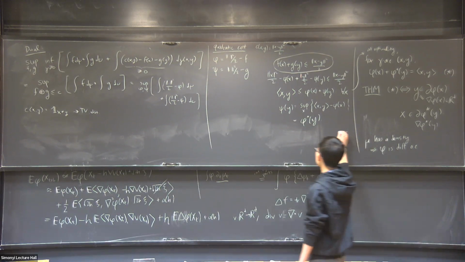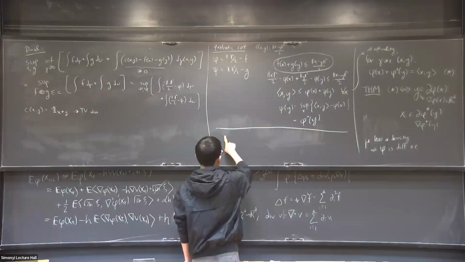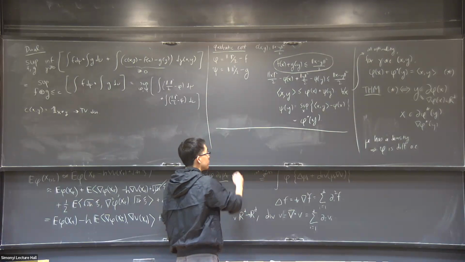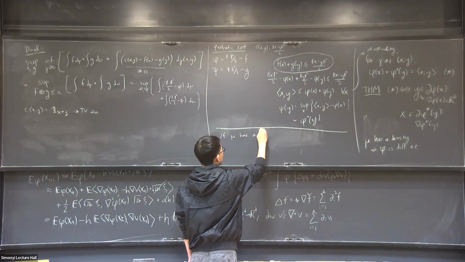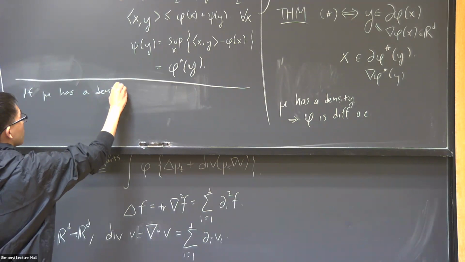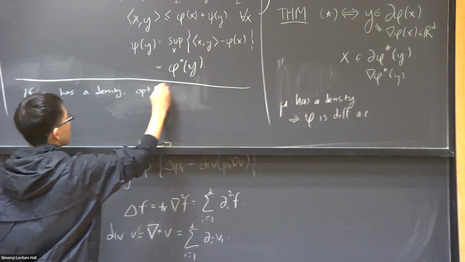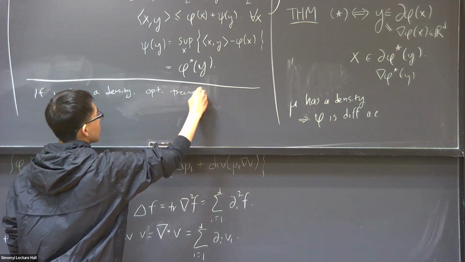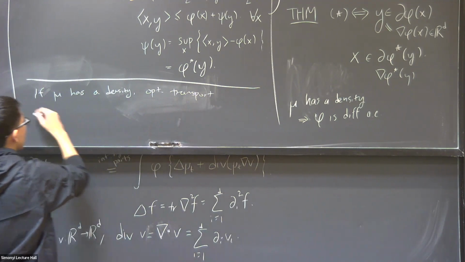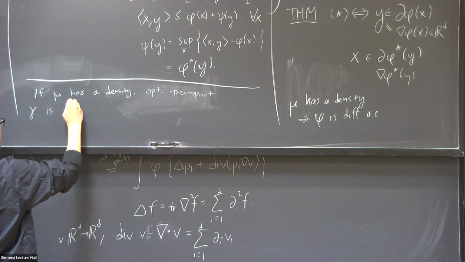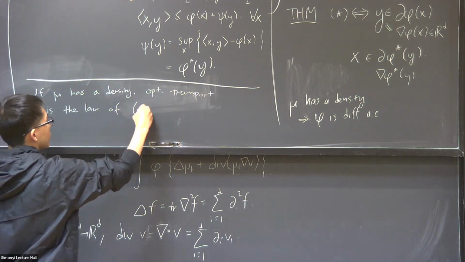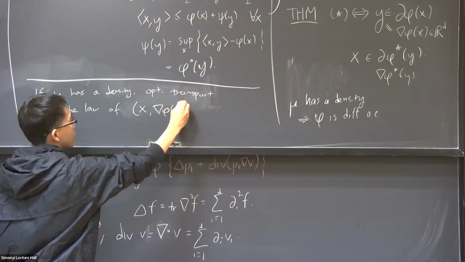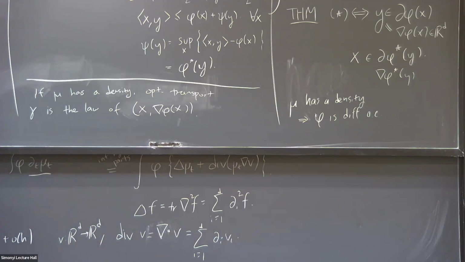let me say the upshot of this is that when you transport from a continuous distribution, if mu has a density, then the optimal transport plan gamma is the law of x and the gradient of a convex function applied to x.